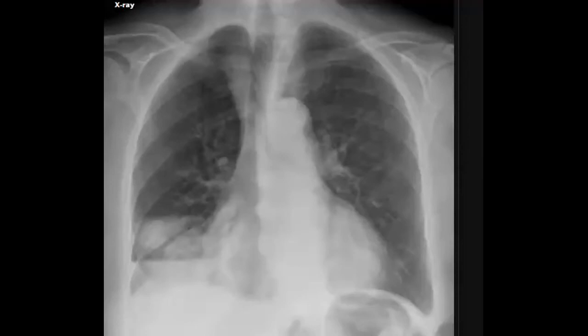This is another patient, and maybe you can note that there is some cardiomegaly in this patient.